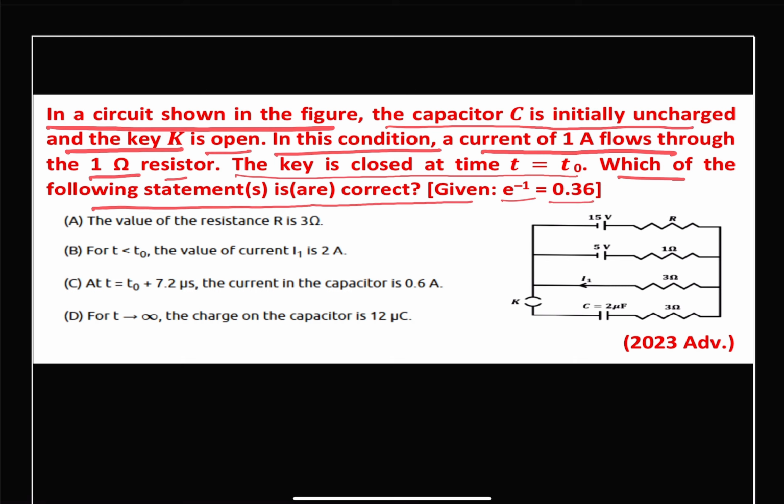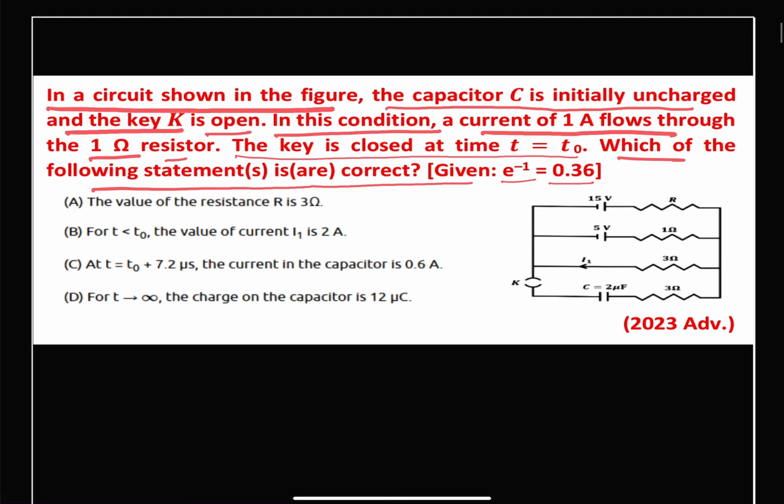So the basic figure is given to us. We have 3 parallel arms. In arm number 1 we have resistance R in series with a 15 volt supply, and we have 1 ohm in series with 5 volt, and we have a 3 ohm resistance in which current I1 is flowing, and a key which is initially open, and a capacitor of 2 microfarad in series with a 3 ohm resistance.